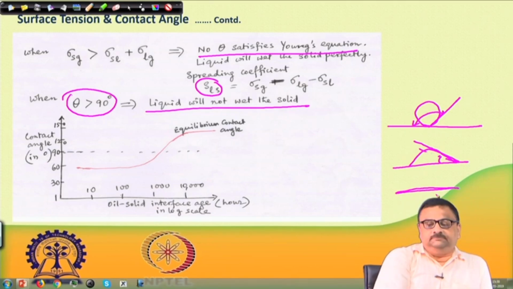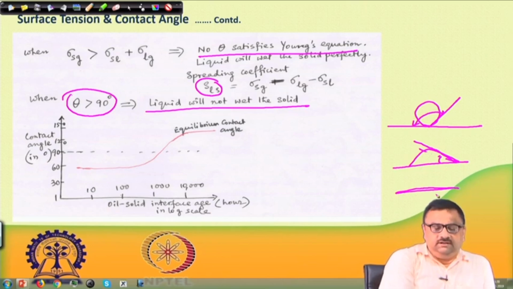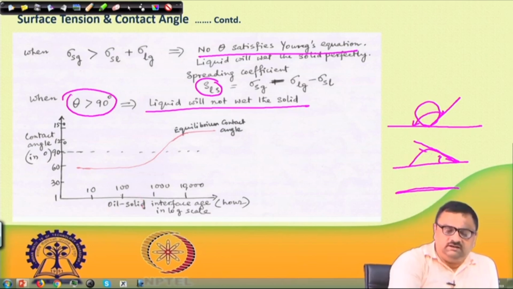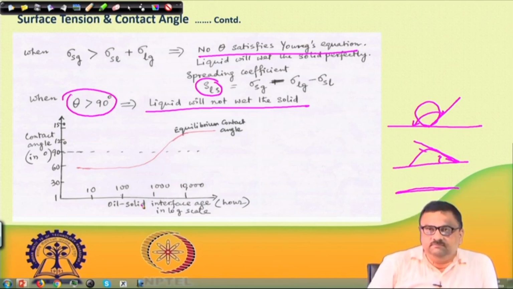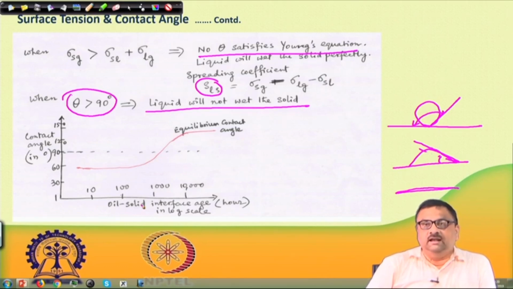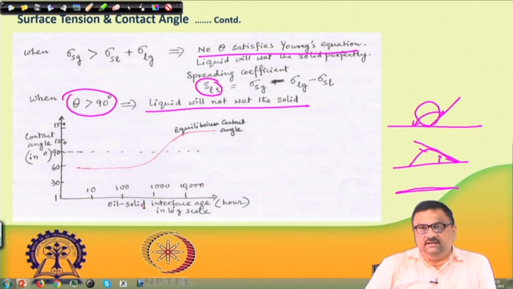Now, in this case there is some issue with the oil-solid interface age. This is something researchers have observed while working with hydrocarbon reservoirs. They observed that after the solid and oil are in contact for ages, the wettability can also change.